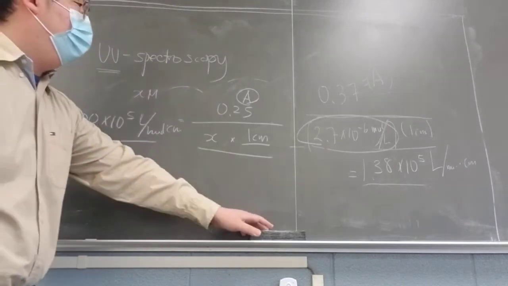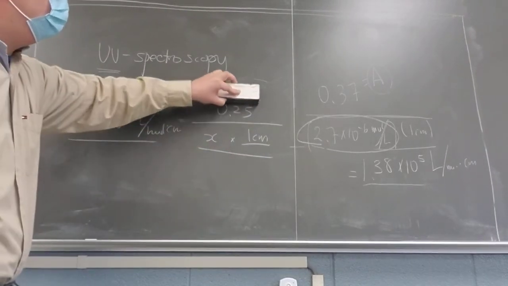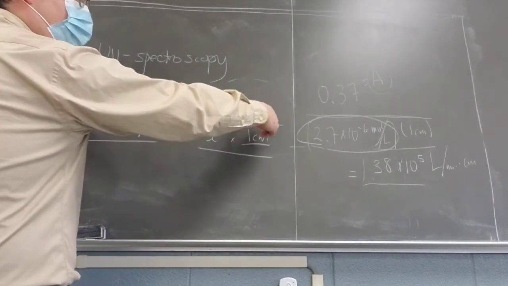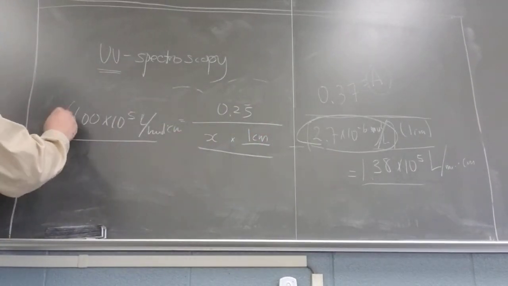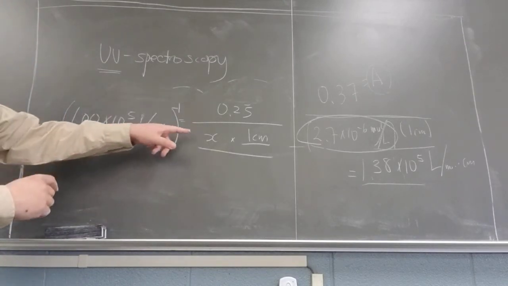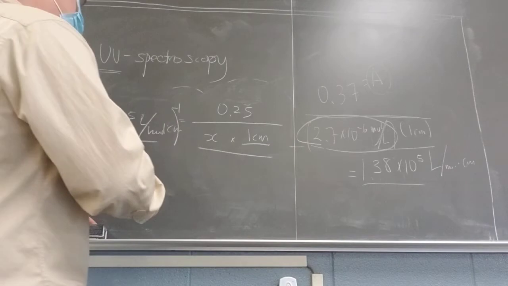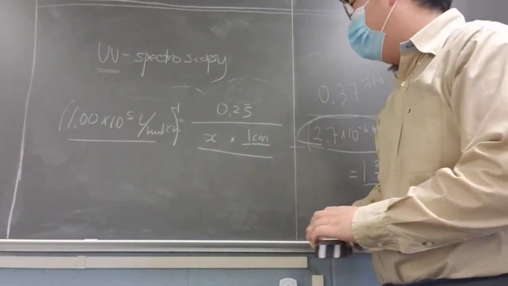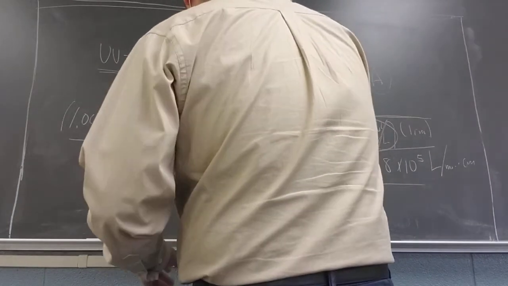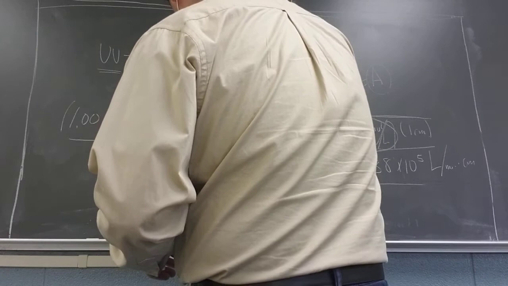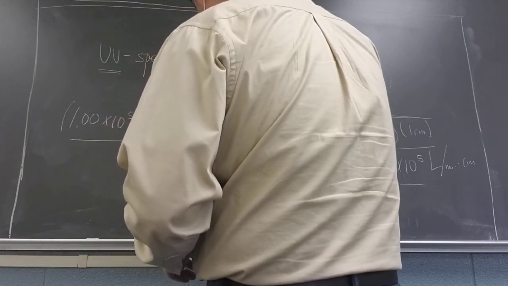So basically, what you can do is flip these two over and make a reciprocal form. Because X times 1 centimeter is the same as X centimeter, just flip it over: X over 0.25.